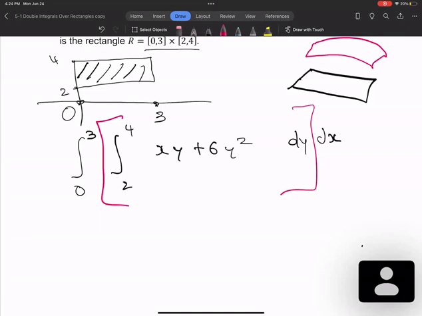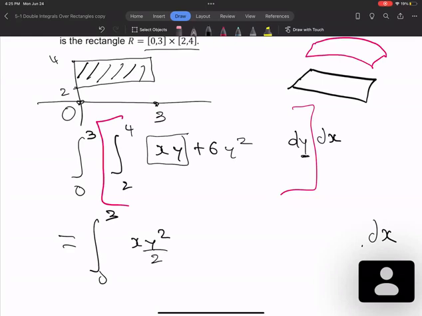Okay, so let's do it. I'm going to integrate. I leave the 0 and 3 and the x like that. I need to integrate with respect to y. So what is the antiderivative of xy, because I integrate with respect to y? It's xy squared over 2, correct.